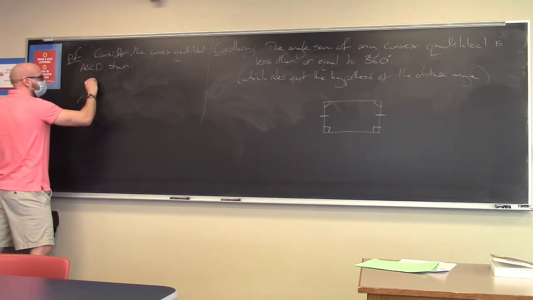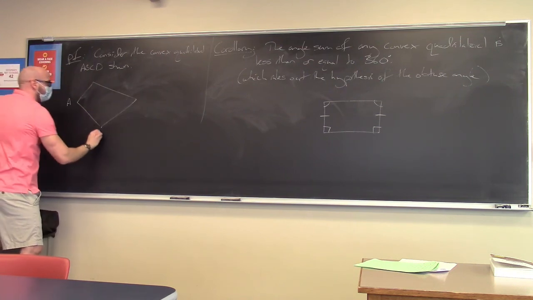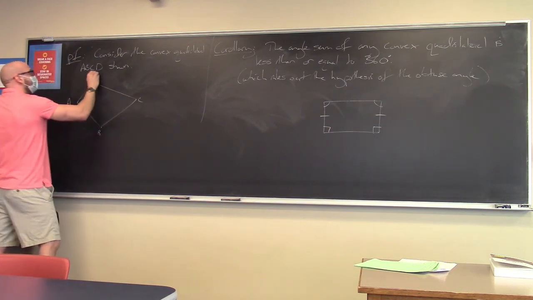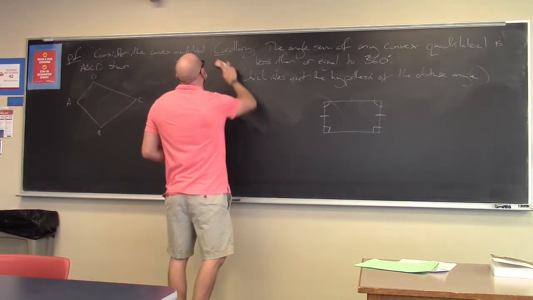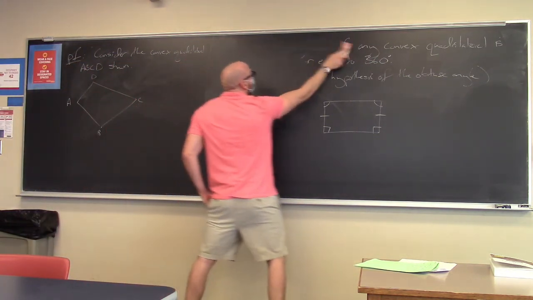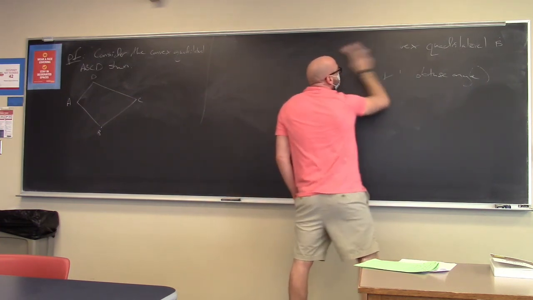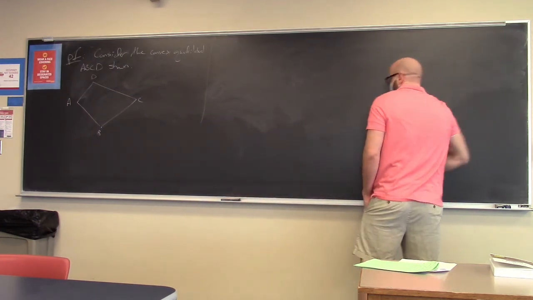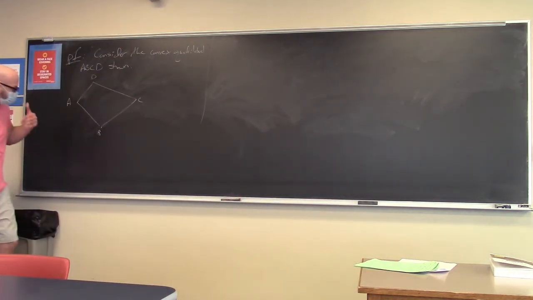Alright, so we'll just draw the convex quadrilateral A, B, C, D. What's the angle sum of this convex quadrilateral?